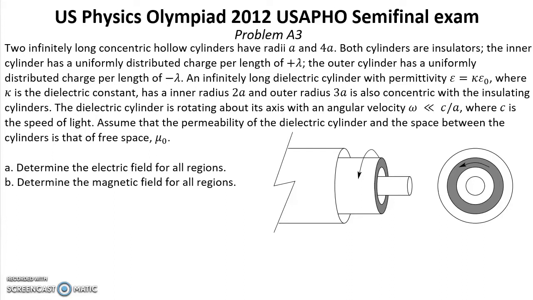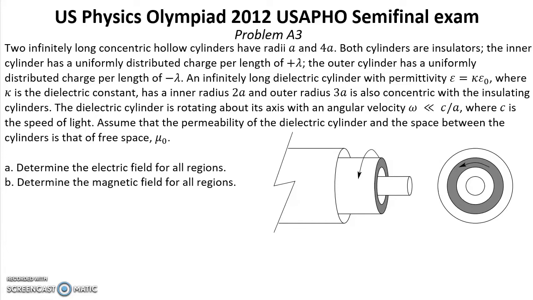An infinitely long dielectric cylinder with a permittivity epsilon equal K epsilon 0, where K is the dielectric constant, has inner radius 2A and outer radius 3A. It is also concentric with the insulating cylinders.